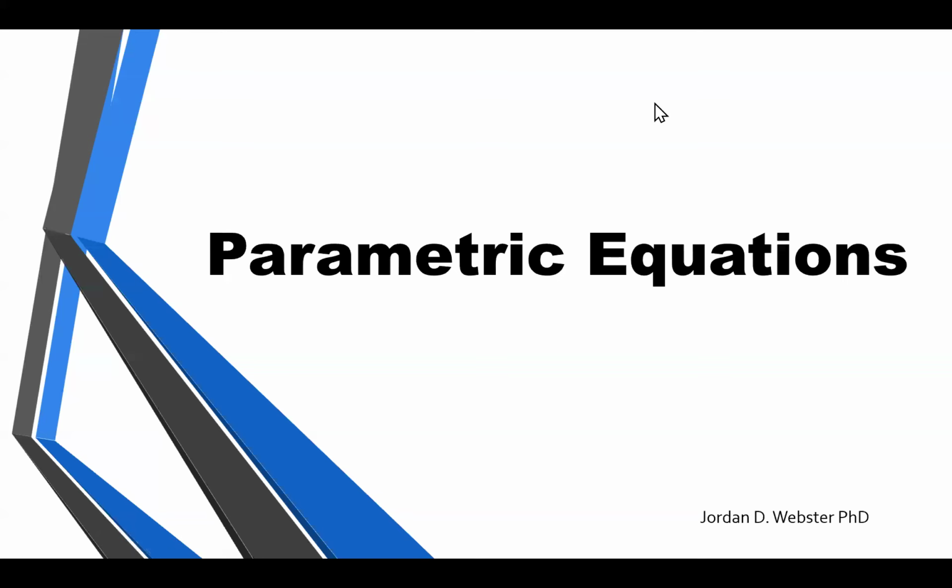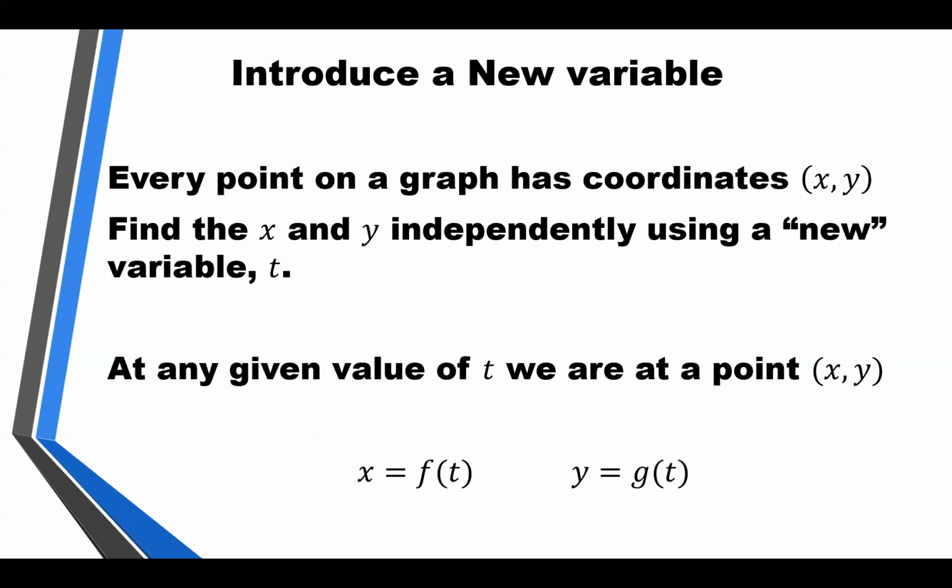In this video, we're going to take a look at parametric equations. So the idea is to create a pair of equations, one that gives us x and one that gives us y. In other words, we're going to introduce a new variable.